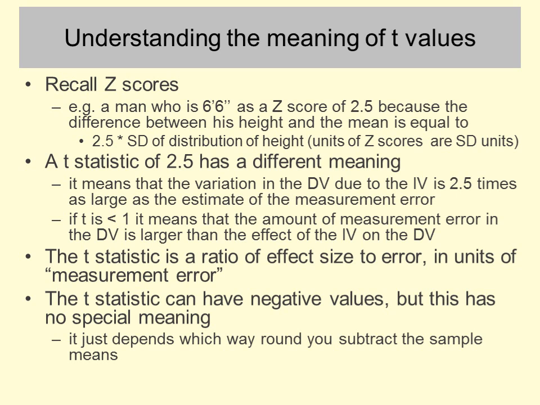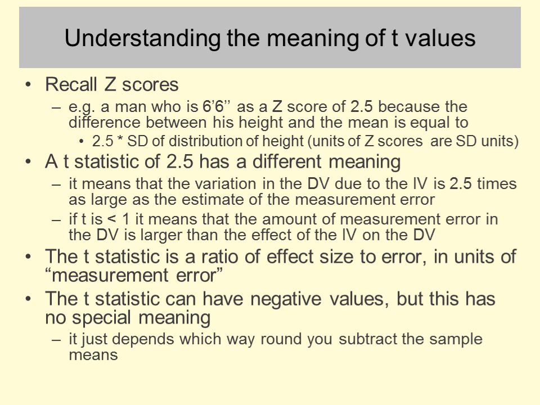If we have a man who is quite tall, 6'6", he might get a z score of 2.5, and that's because the difference between his height and the mean height in the sample or population is equal to 2.5 times the standard deviation in the distribution. So you'd have to add 2.5 times the standard deviation to the mean in order to get his height, and therefore the units of z-scores are standard deviations.